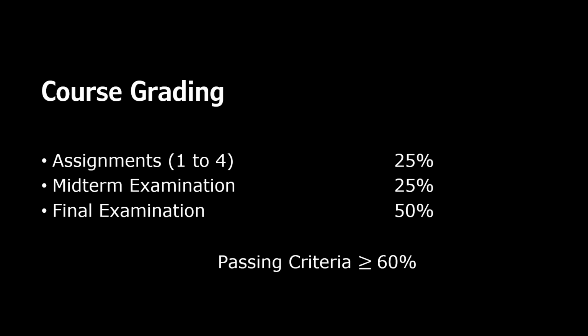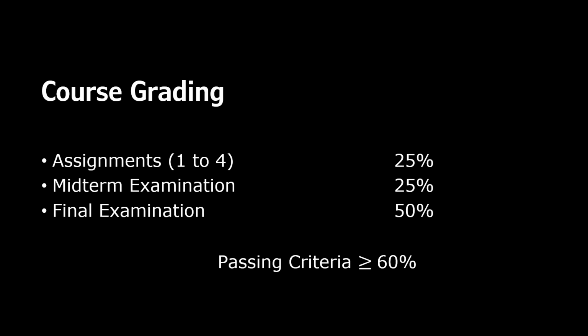If I look at how this course is graded, we have a minimum of 4 assignments, which make up 25% of the course grading. We can have more than 4 assignments, but at least 4 are given to you, based on the knowledge delivered in the subject.